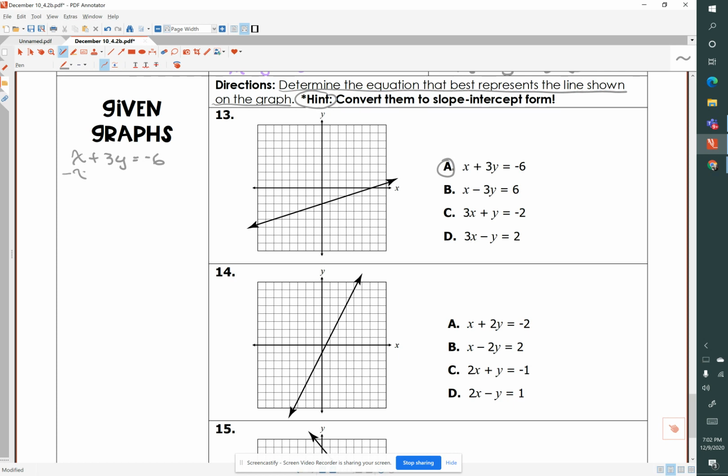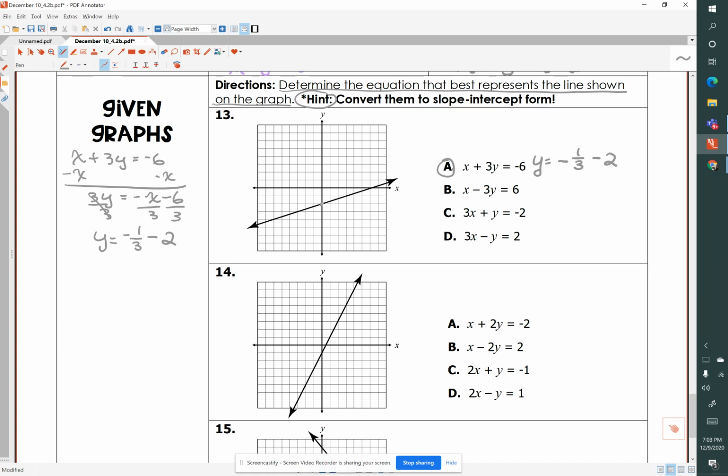So I'll subtract x from both sides, which will give me 3y equals -x minus 6. And then I'll divide everything by 3, which will give me y equals -1/3 x minus 2. So the first one converts to y equals -1/3 x minus 2.